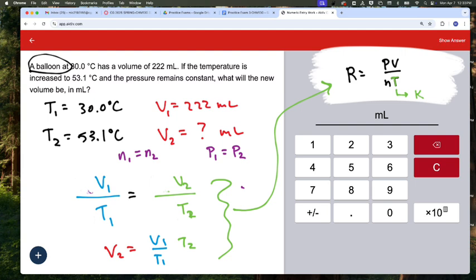When I now have my V2, which is V1 over T1 times T2, I have to ensure that my T1 and my T2 are in units of Kelvin. Conveniently, we've discussed how to convert degrees Celsius into kelvins, right? Yes, we have. And how do we do that? You add 273. Once you account for that extra mathematical step, the rest falls into place and you're fine.